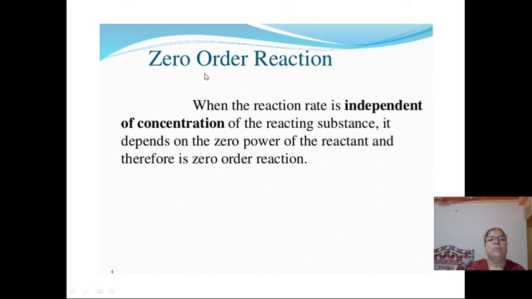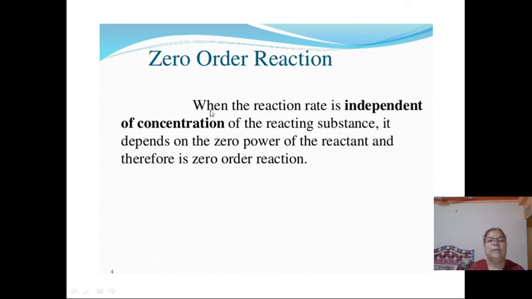Then the zero order reaction. Here the rate of reaction is independent of the concentration of the reacting species. Such reactions are called zero order reactions.